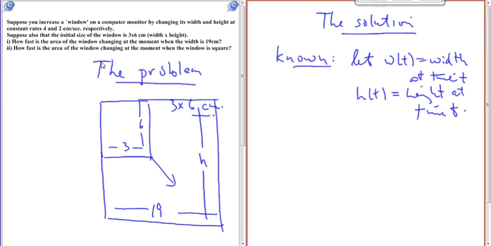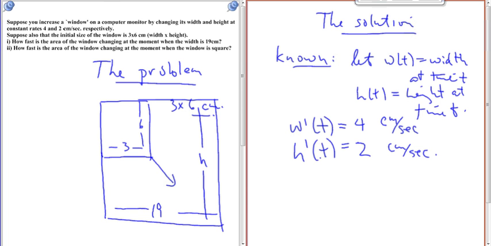These rates are known. So I write that this way. The derivative, the rate of change of the width, is constant at 4 centimeters per second. The rate of change of the height is 2 centimeters per second. These are the quantities whose rates are known.